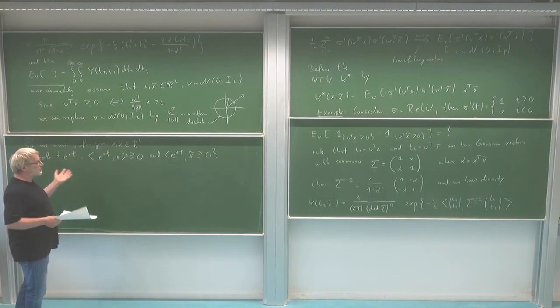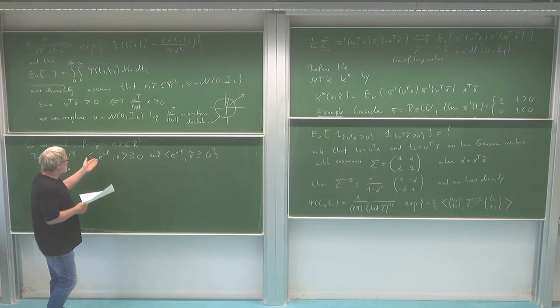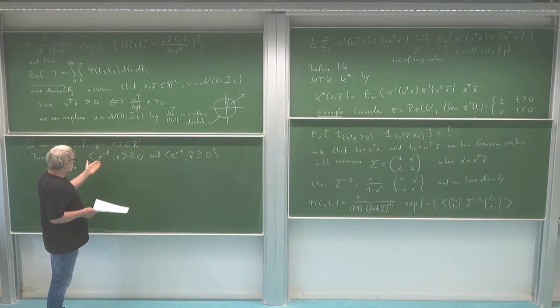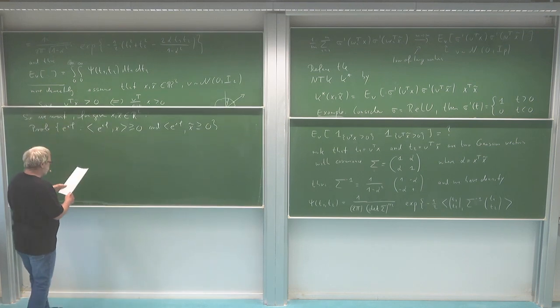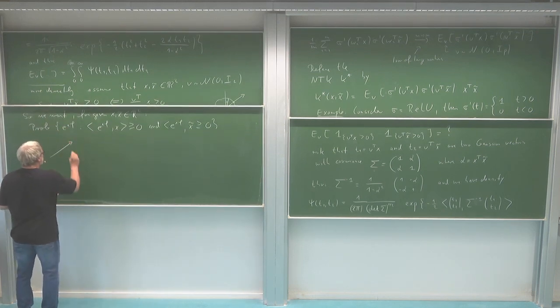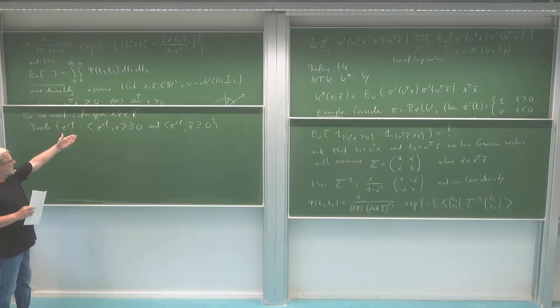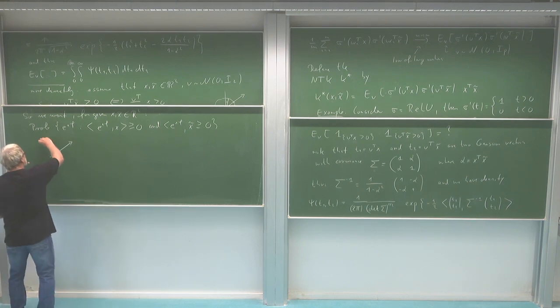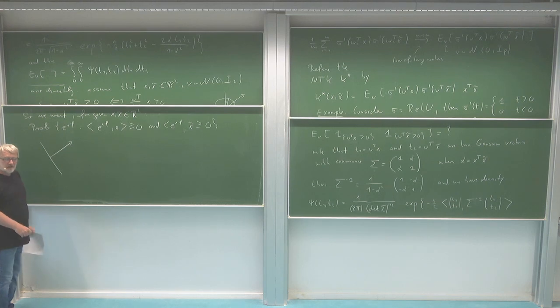Okay, and now we just have to think. I have this vector on the unit circle, and I want to satisfy those conditions. What are the phi for which such a condition is satisfied? If I have a vector x, and I want to know for which phi's the inner product of e to the I phi with x is bigger than 0, then I take the perpendicular direction, and all the phi's which are here are okay.